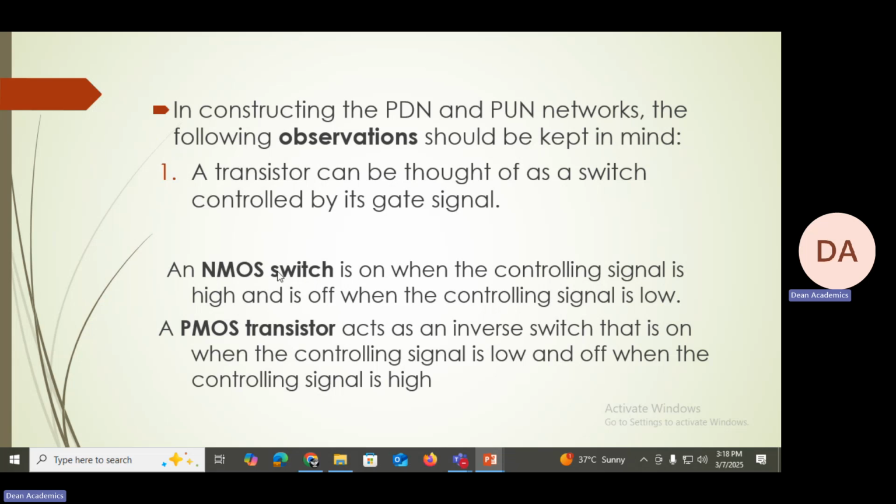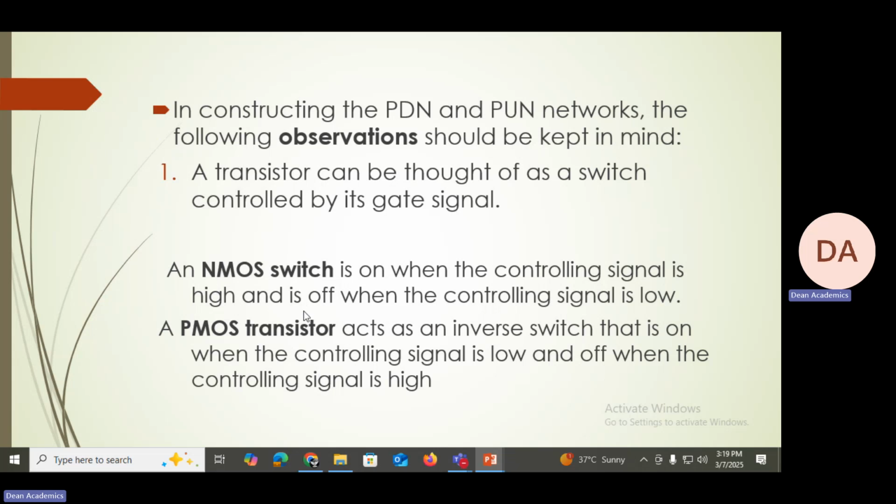In other words, N is on when we apply logic 1 at the input and it is off when we apply logic 0 at the input. Similarly, a PMOS transistor acts as an inverse switch, that is, it is on when the input is low and off when the control signal or input signal is high.